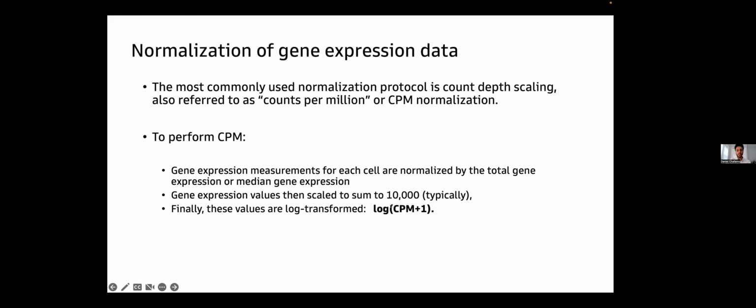Quickly to go over the actual step of normalization, it's very straightforward. What we do is we first normalize each cell by the total gene expression in that cell. So if we have 500 total UMIs, we'll divide the gene count for each gene by that 500.